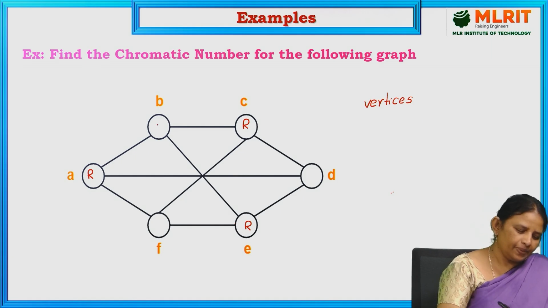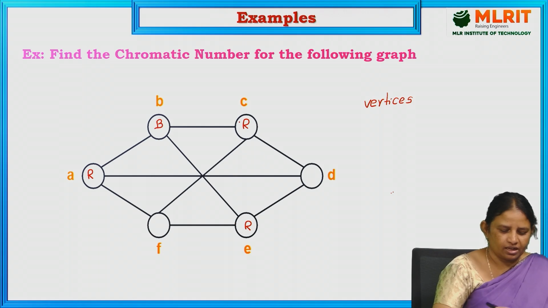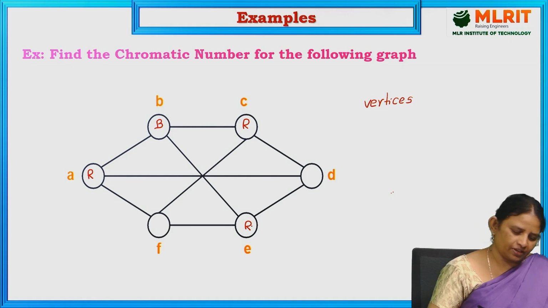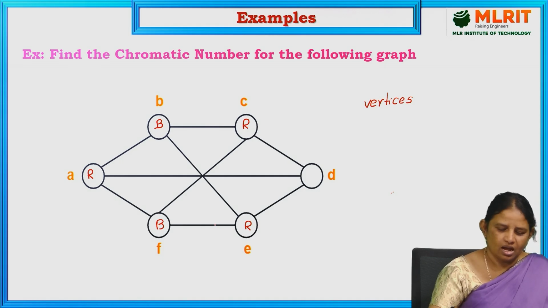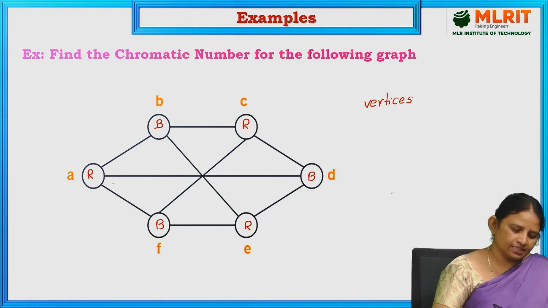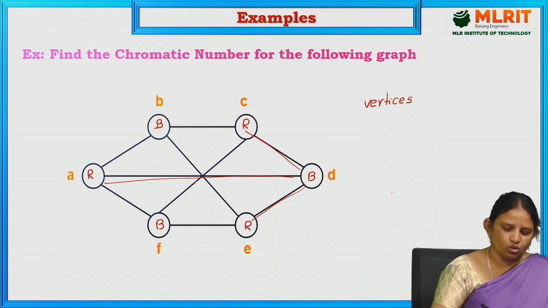Next, B. B's adjacent vertices have a different color. This is red, this is red. Again we can't use red color here; we can use blue color. These adjacent vertices are red, and each is adjacent to a red vertex. There is no vertex at the middle.